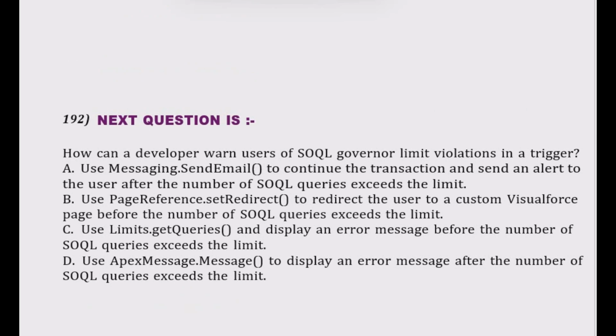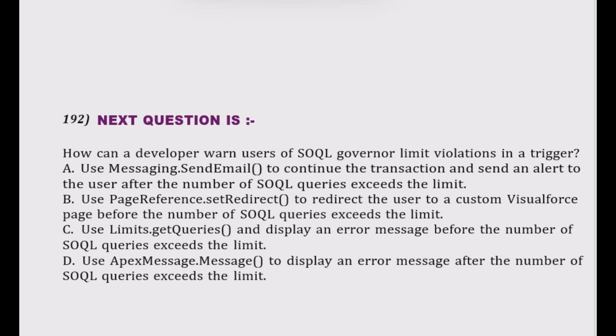Question is, how can a developer warn users of SOQL governor limit violations in a trigger? Option A. Use the Messaging.sendEmail function to continue the transaction and send an alert to the user after the number of SOQL queries exceeds the limit. Option B. Use the PageReference.setRedirect function to redirect the user to a custom Visualforce page before the number of SOQL queries exceeds the limit.